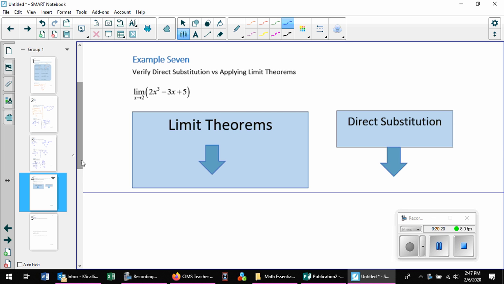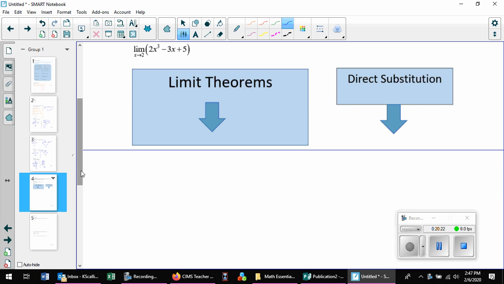So I could evaluate limit as x approaches 2 of 2x cubed minus limit as x approaches 2 of 3x plus limit as x approaches 2 of 5.